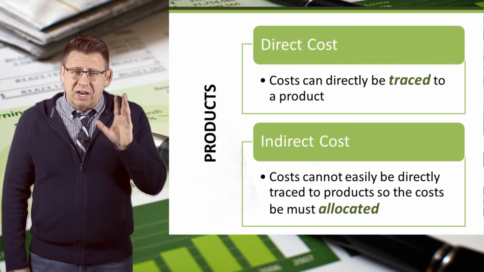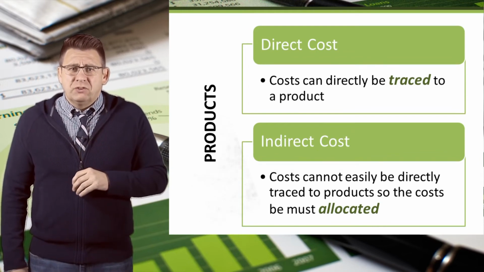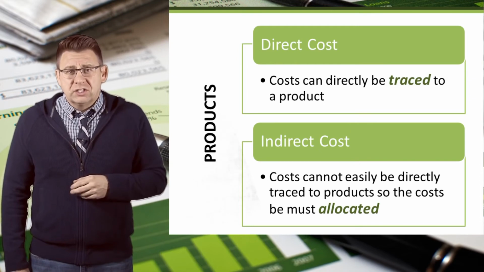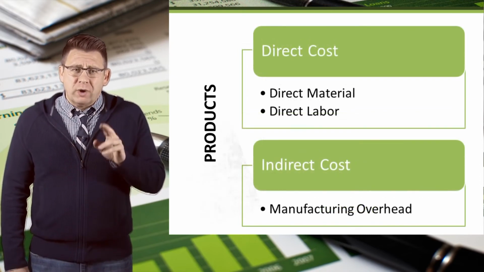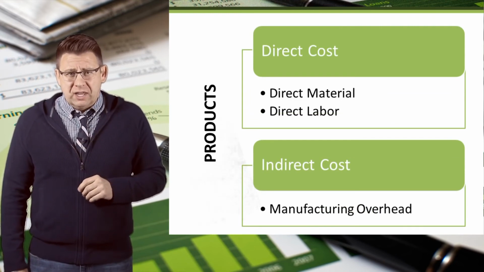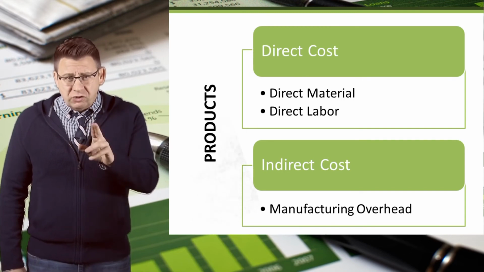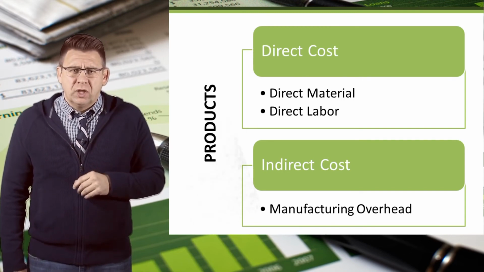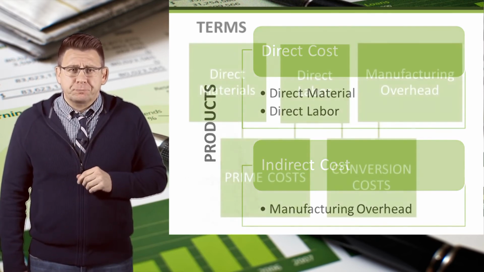Depreciation expense on a production facility isn't easily traceable to each finished good, so it is allocated to all of them. So direct materials and direct labor are direct costs, and manufacturing overhead is an indirect cost which needs to be allocated to the products. You'll learn how to do that in future video podcasts.